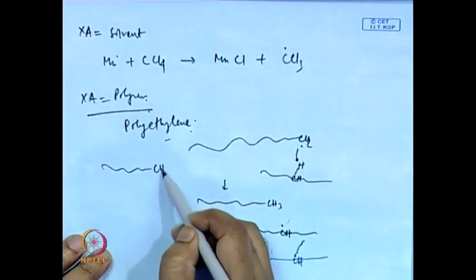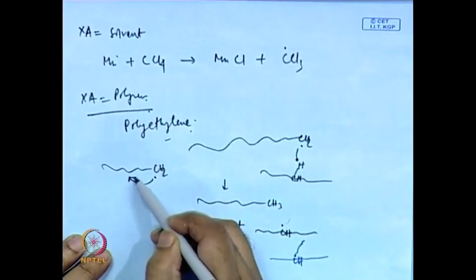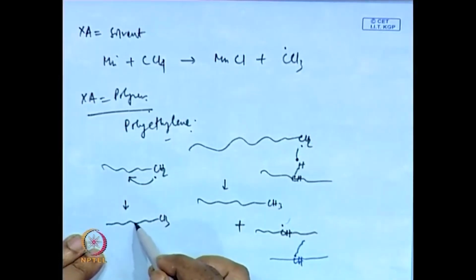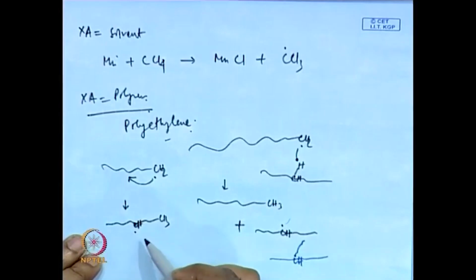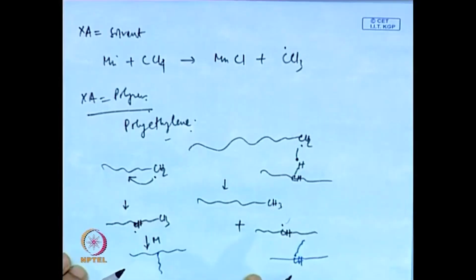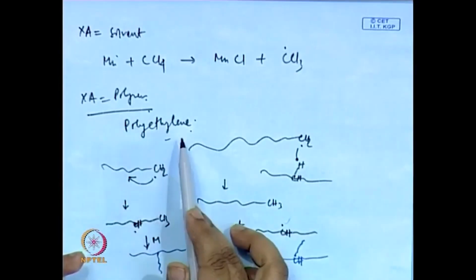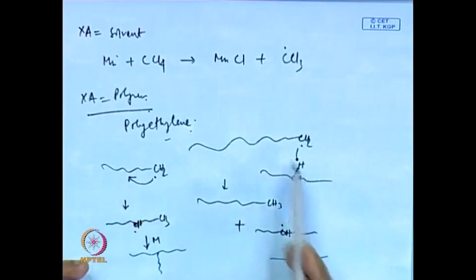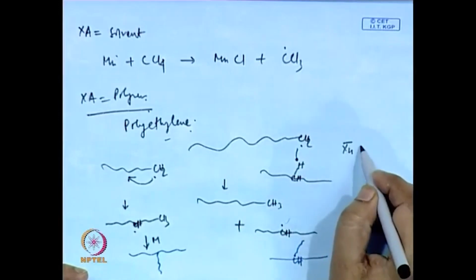this can backbite and abstract one hydrogen from here, producing CH3 and a CH dot here. Now, this can react with monomer, giving branches. So, in this case, if the chain transfer happens with another polymer molecule, the two things happening are, one, you are getting branches, and another important thing, particularly for this case, is that Xn bar does not change here.